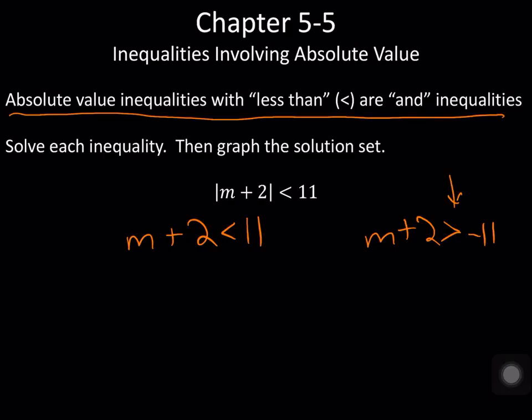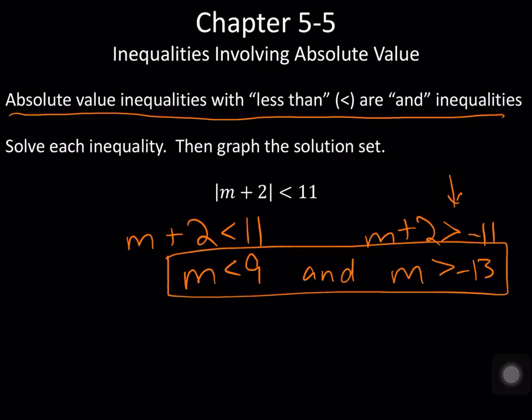Now that I've got our two inequalities set up, we can solve both of them. Subtracting 2 from both sides. Remember that less than is an and. So this is my solution: n less than 9 and n greater than negative 13.